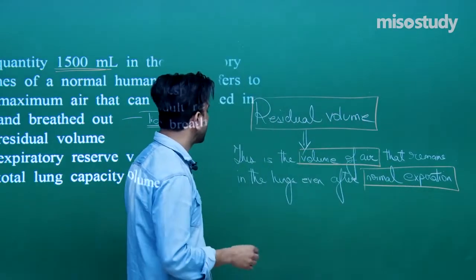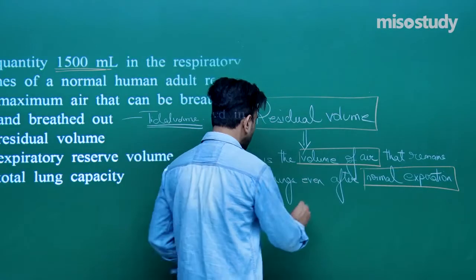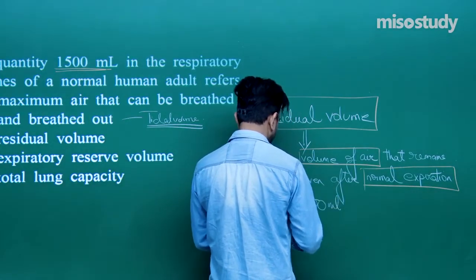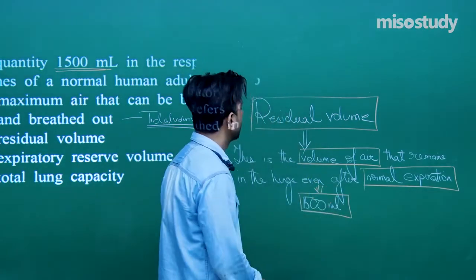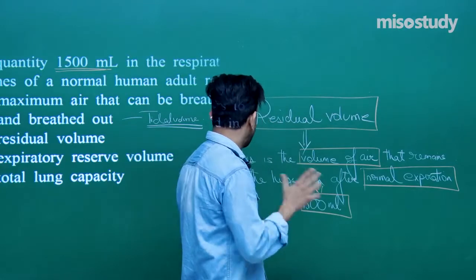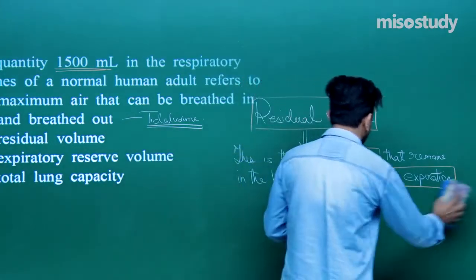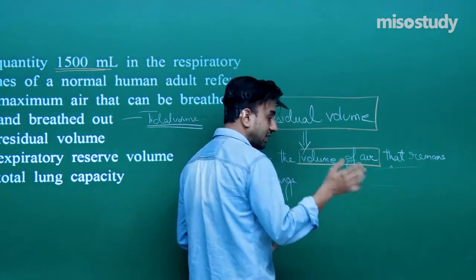So, this is the volume of air that remains in the lungs even after normal expiration, and we have already seen that this is equal to 1500 ml. Sorry, this is the volume of air that remains in the lungs after forceful expiration. What remains after normal expiration would be the expiratory reserve volume.